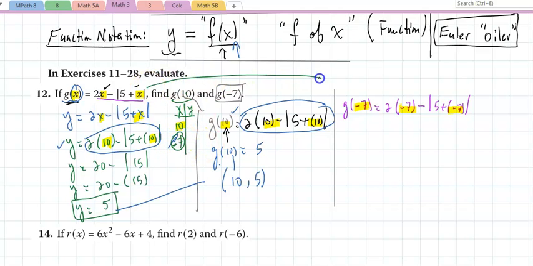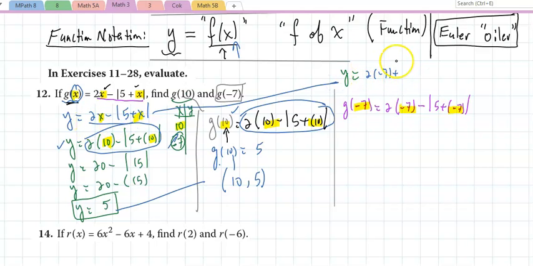Students have no problem saying y equals 2 times a negative 7 minus absolute value of 5 plus a negative 7.